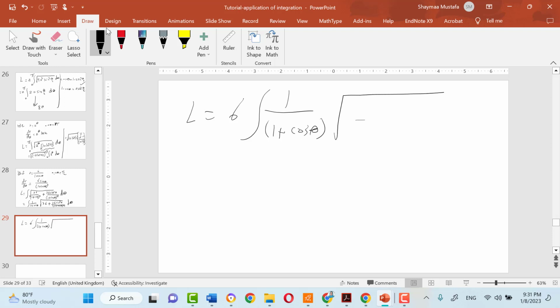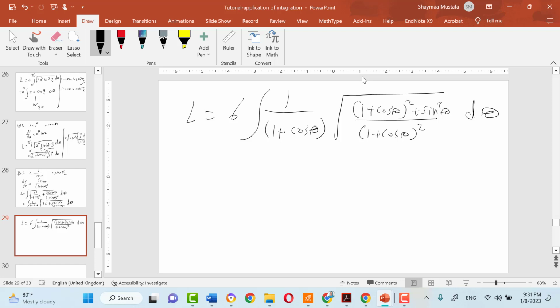Here you can make (1 plus cosine theta) square. We take 36 already outside, so it becomes 1 plus cosine theta square plus sine theta square.